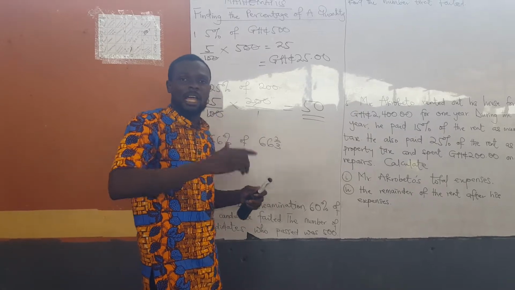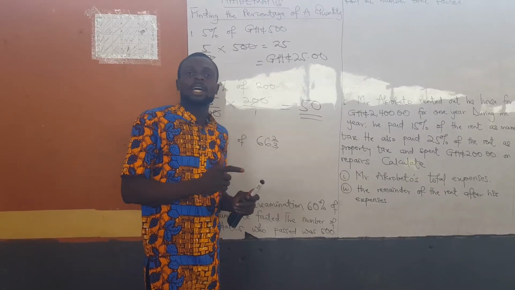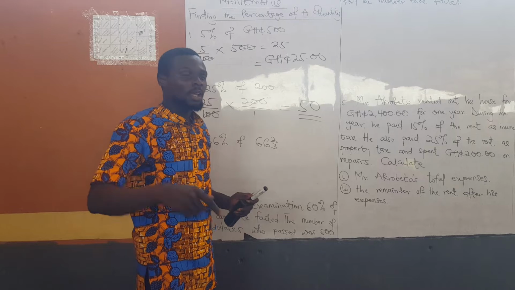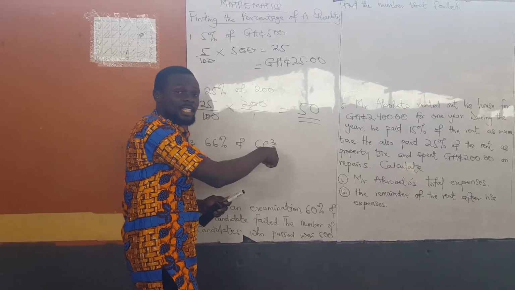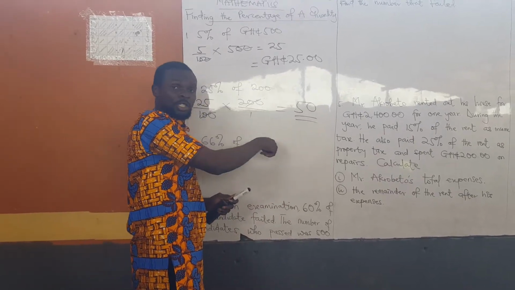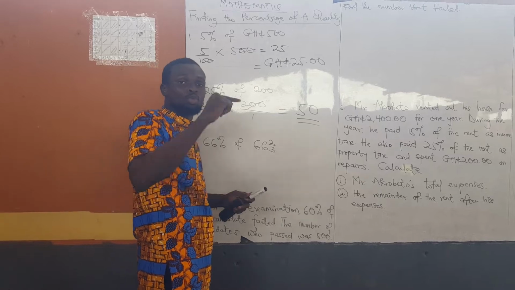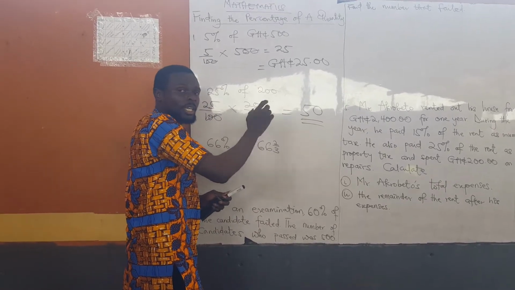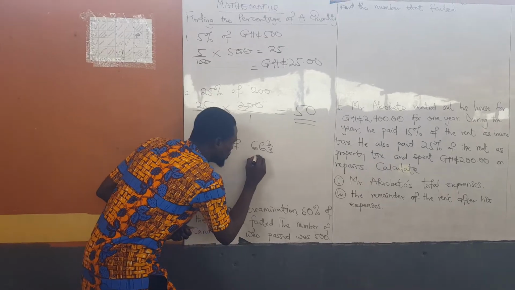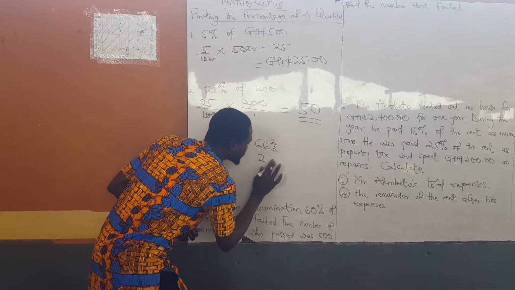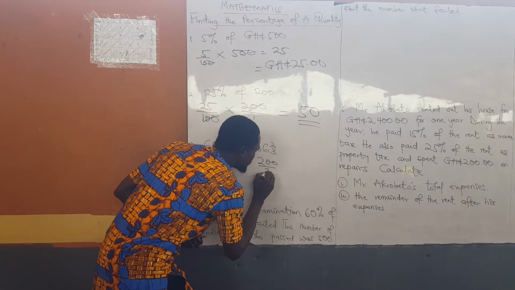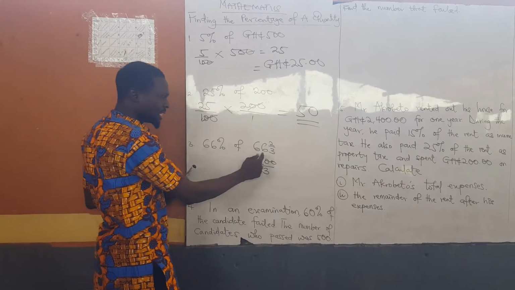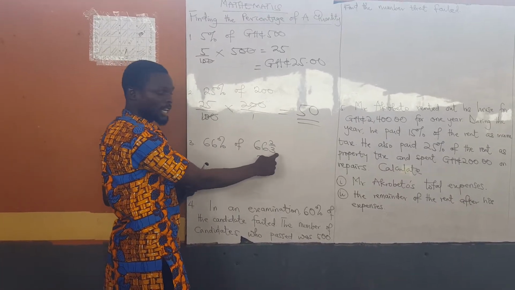And 66 times 3 will give us 198. That 198, you add your numerator to it, which is 2, and it will give you 200. So this fraction in improper fraction will give us 200 over 3.